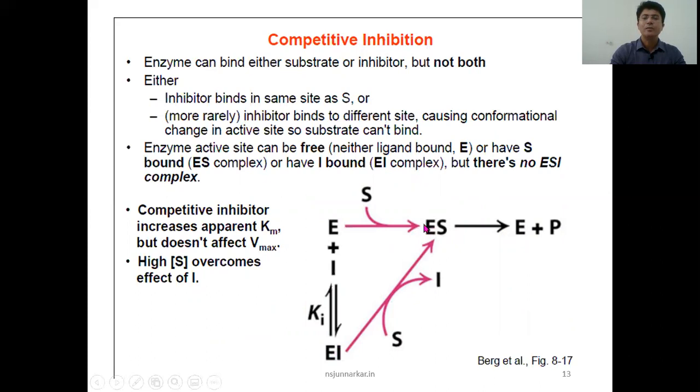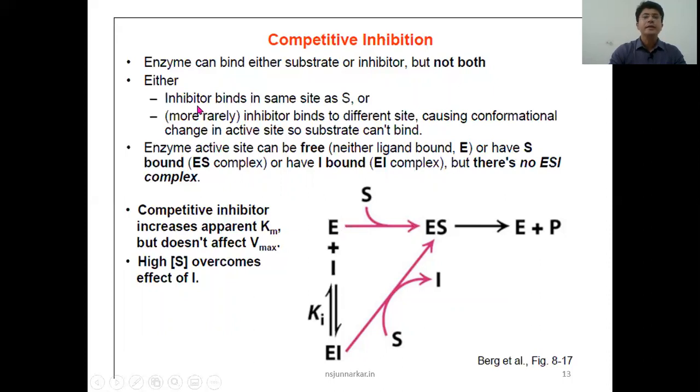Once the ES complex is formed, the substrate can be converted into product. So here EI is the only dead end complex where the enzyme remains inhibited, and unless the inhibitor is removed, the enzyme cannot convert substrate into product.